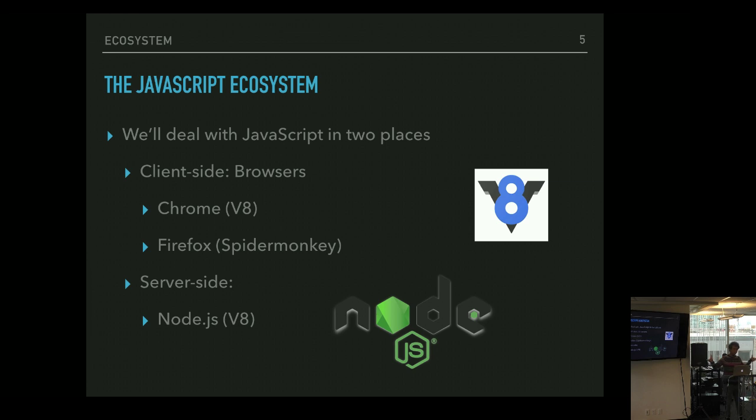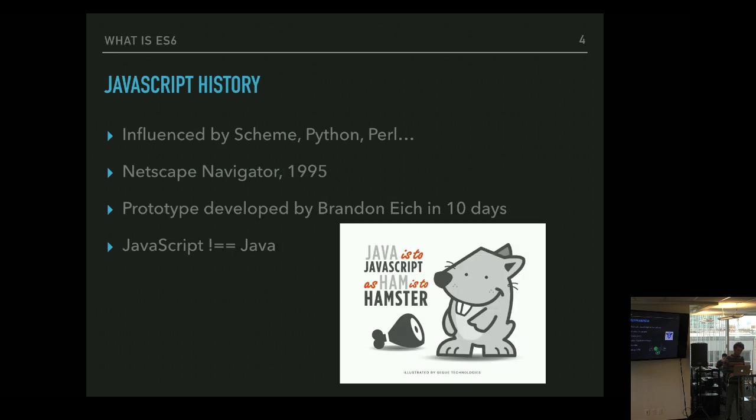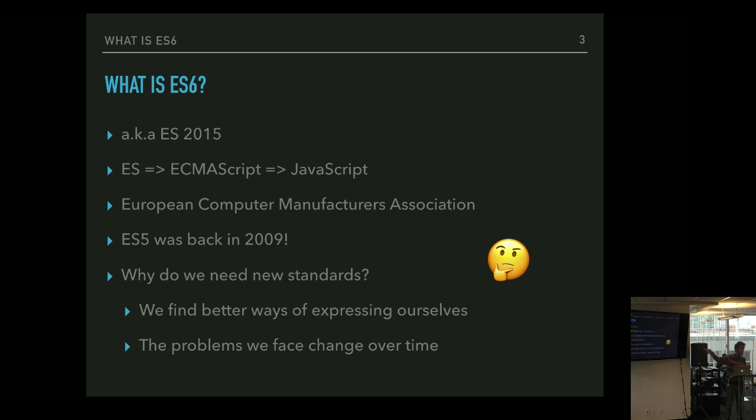These people at different companies need to agree on a protocol for how these engines are going to work. So they rely on ECMA. They read the ECMAScript definition, and they put together a program that behaves according to what ECMAScript says.